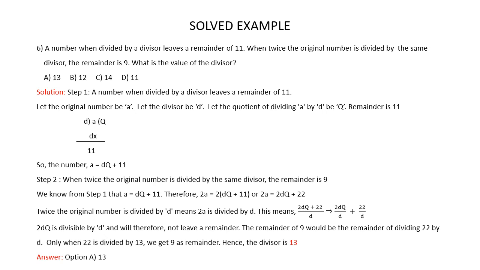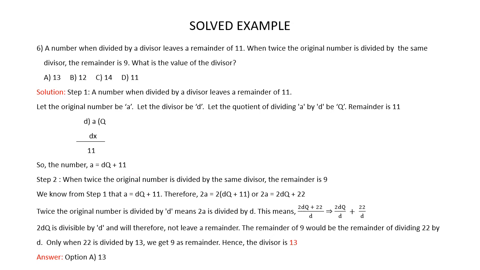It's given in the problem that when twice the original number is divided by the same divisor, the remainder is 9. So we know from the step 1 that A is equal to DQ plus 11.